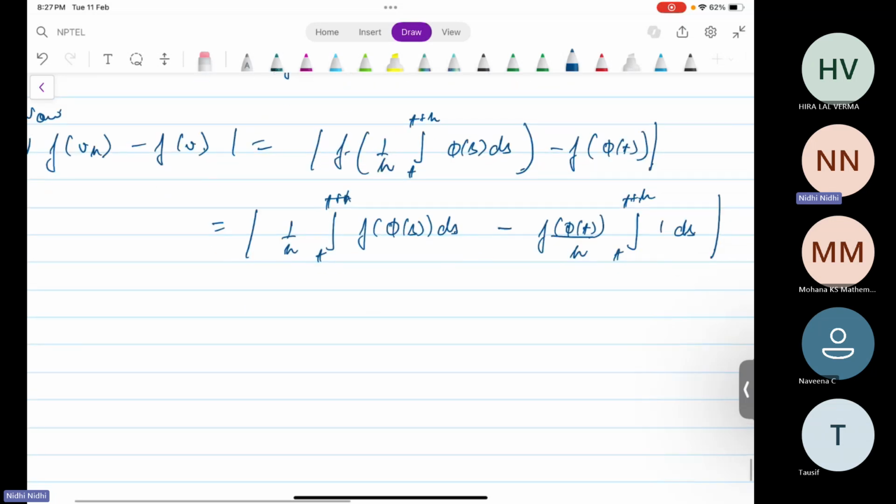So I can take this 1 by h outside. This integration t to t plus h f phi s minus f phi t ds.